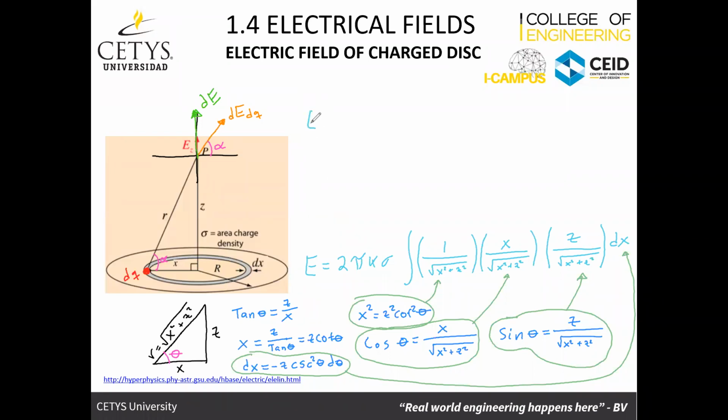So I'm going to have E equals 2 pi k sigma, that's a constant, times the integral of, first off, I'm going to substitute the x squared in this expression, and I'm going to get 1 divided by the square root of z squared cotangent squared of theta plus z squared.